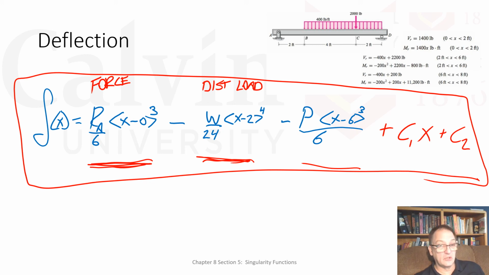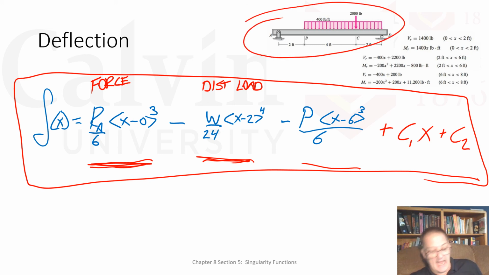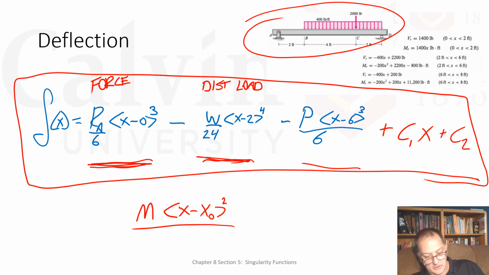What I didn't include is a moment, because this problem doesn't add a moment. If I added a moment, that would have shown up as a constant in my moment equation. I would have integrated that twice. And so moment terms are going to look like a moment times x minus xo squared over 2.